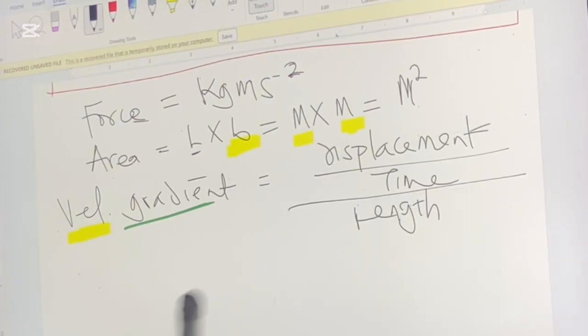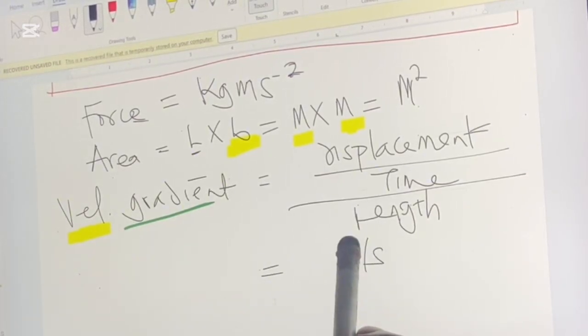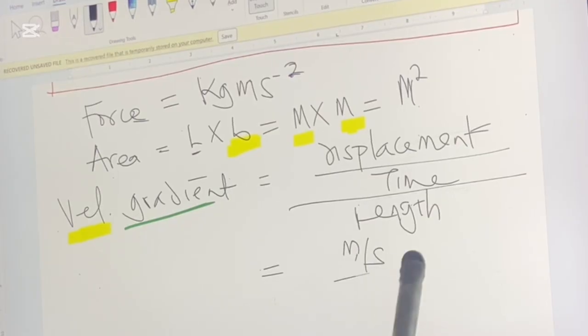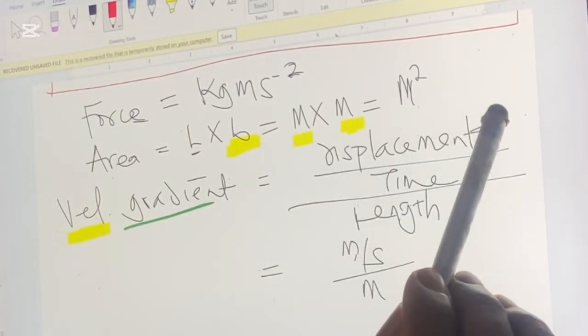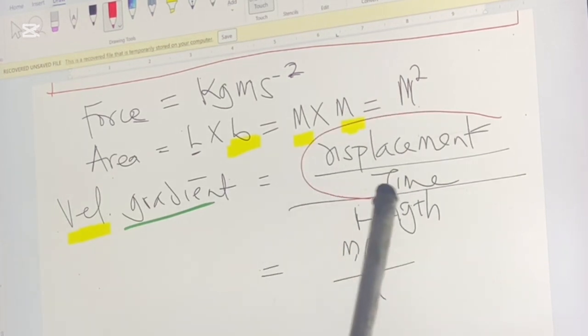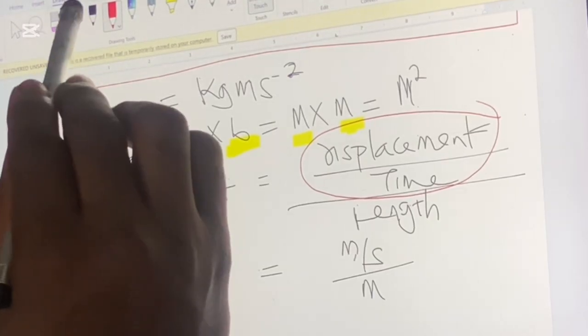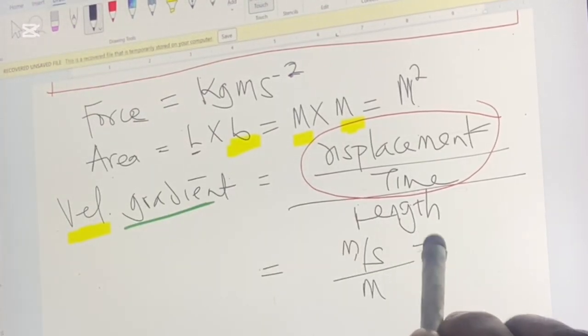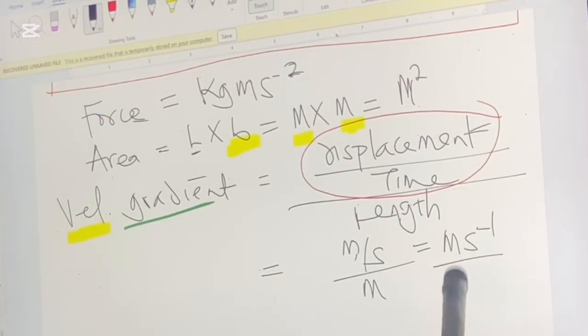Please take note. So the unit is this, meter per seconds over meter. So when you do that, this is the same thing as meter per seconds in a linear form over meter.